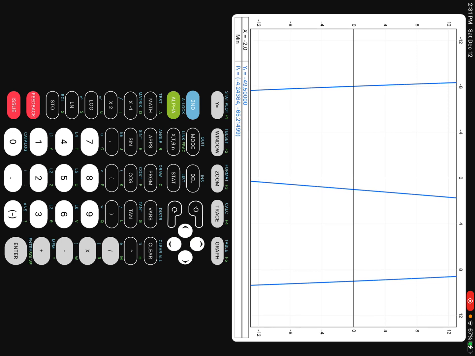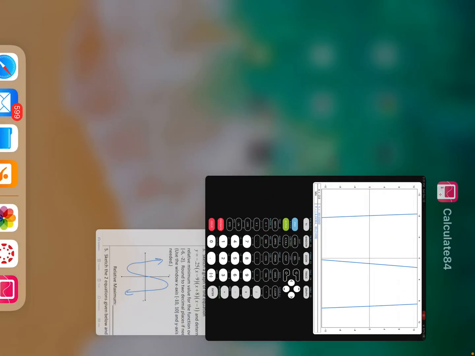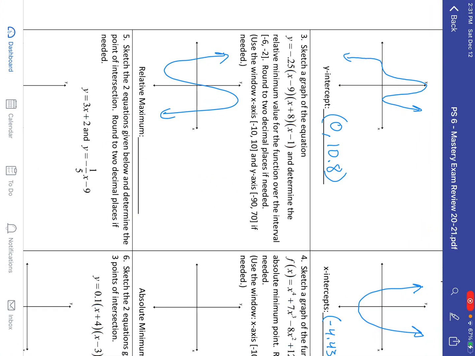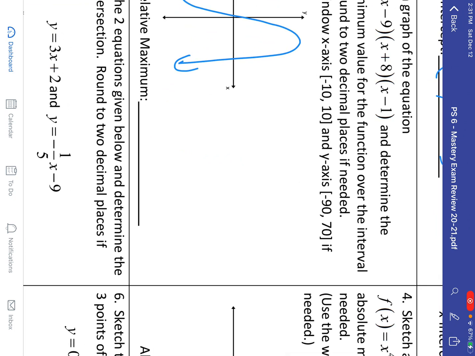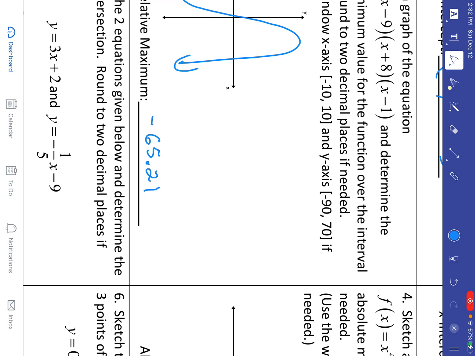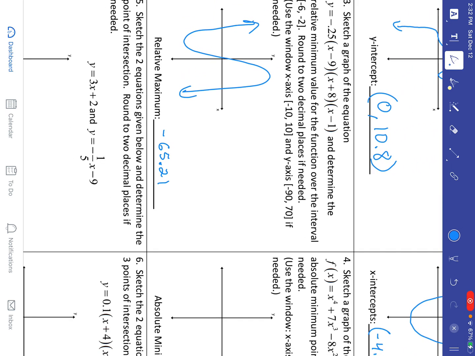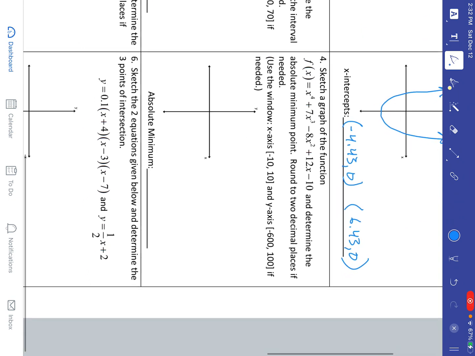All right, we want the y value, the -65 number. So we're going to go back to our page and write that in. So we have -65.21 is the minimum. Okay. We don't need to use the window axis because we don't need to see it.